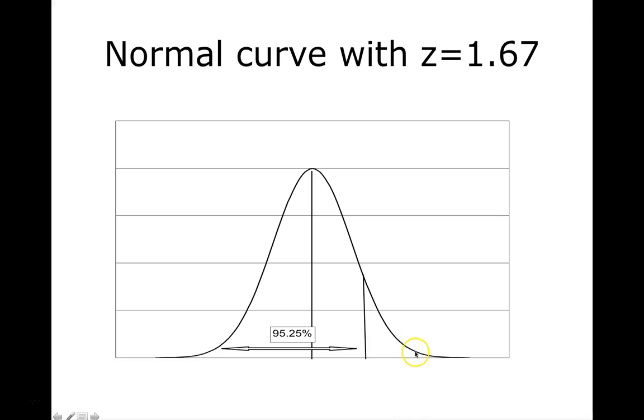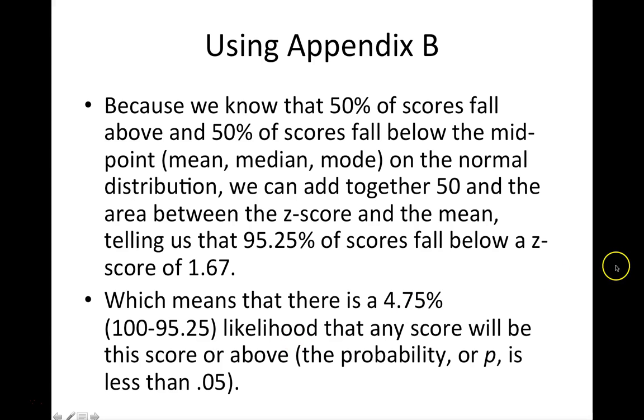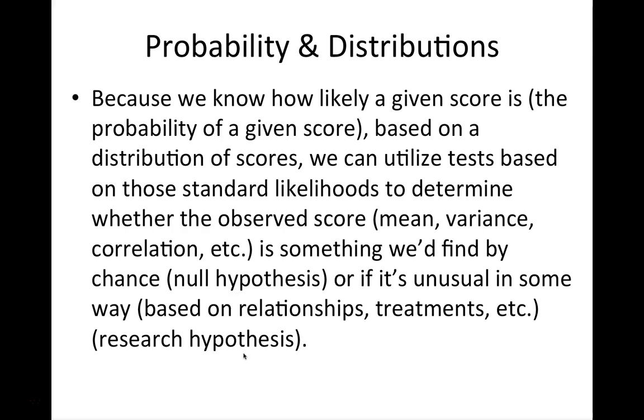So if we take 100% of scores minus this area that's below that score, what we get again is 4.75. And that tells us that there is a 4.75% probability of getting this score. So the probability is less than 0.05. And hopefully that will start to make more sense as we connect this to p-values as we move forward.